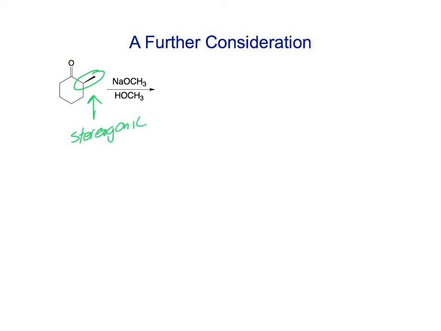And so if we form the enolate, let's just draw out the enolate, right? And we're doing it under thermodynamic conditions. We form an enolate like this, and once we've done that, we've lost our stereochemistry.